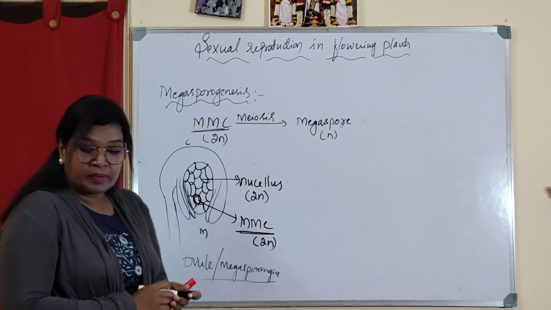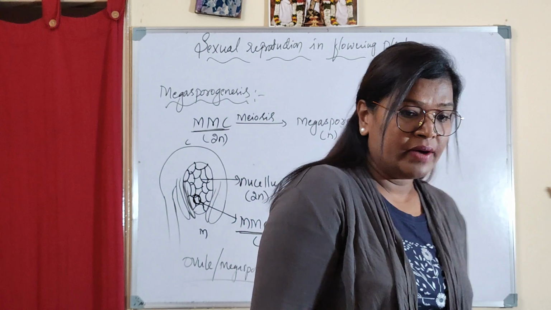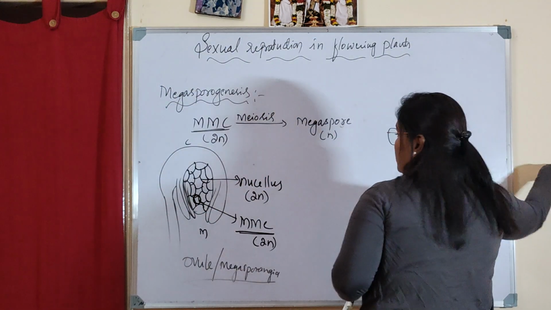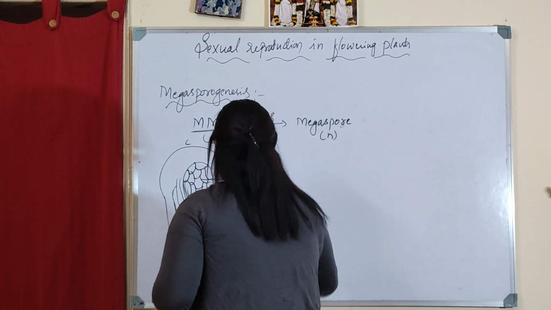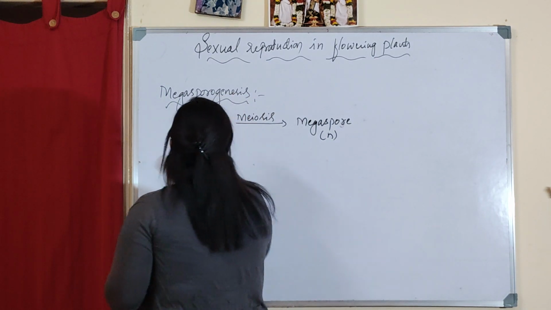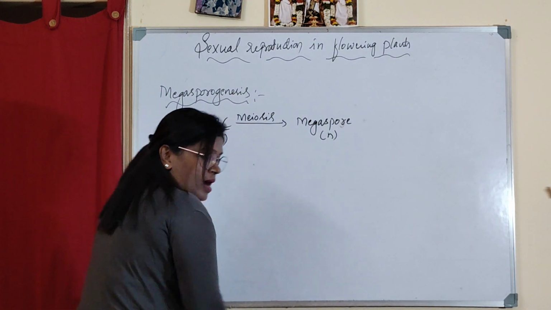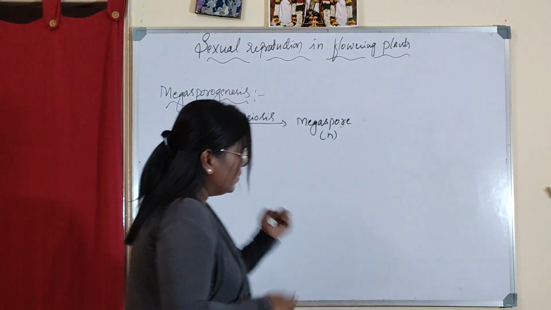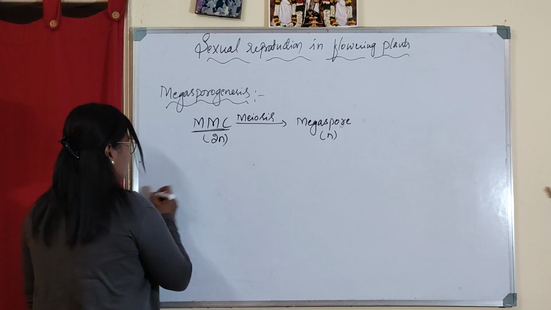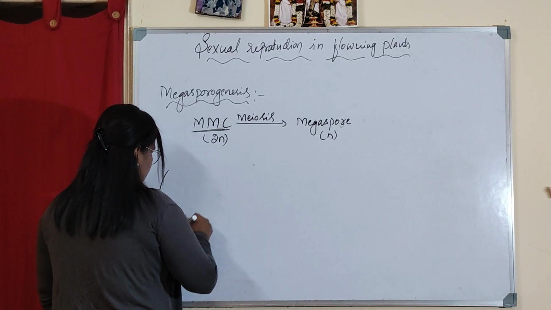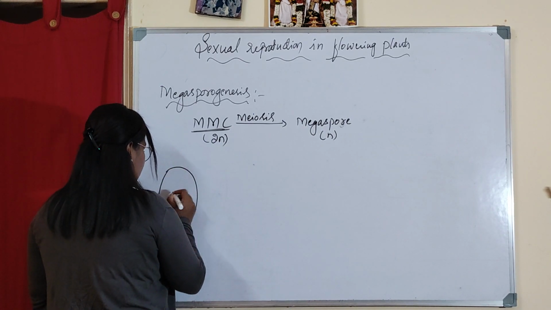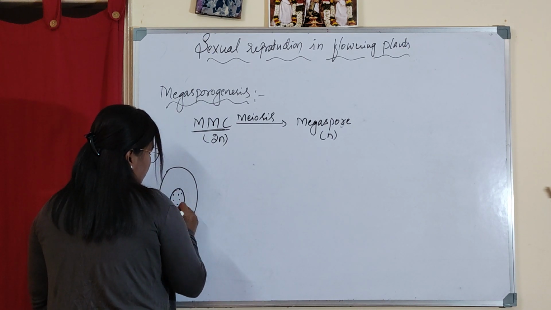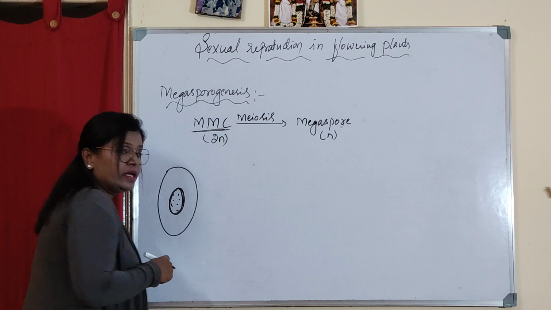Let's see how the megaspore is formed through the diagram. We have seen how the diploid megaspore mother cell is formed. It has rich cytoplasm and a prominent, well developed, bigger nucleus.